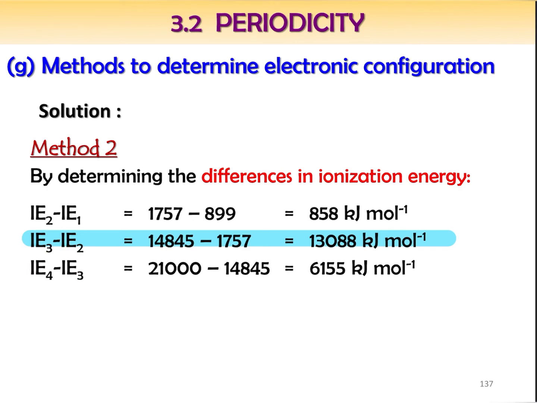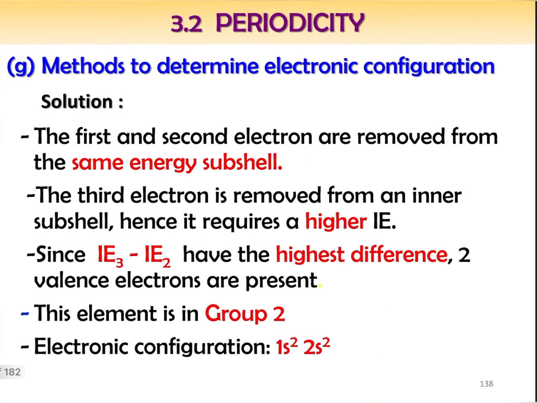Maksudnya ada perbezaan shell. Okay, so the explanation will be the first and the second electron, okay, kita remove daripada the valence ataupun the outermost shell, okay, which has the same energy subshell. Okay, the third electron is being removed from the inner subshell, so that is why it requires higher IE.